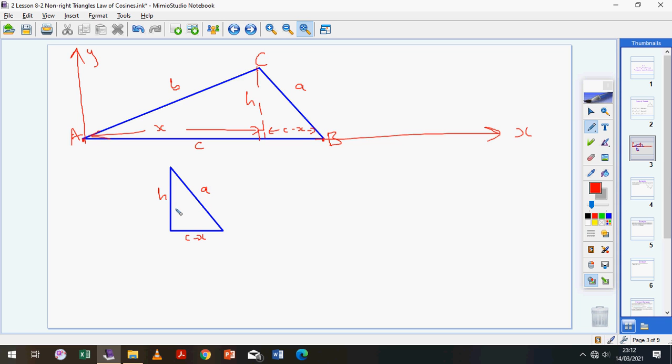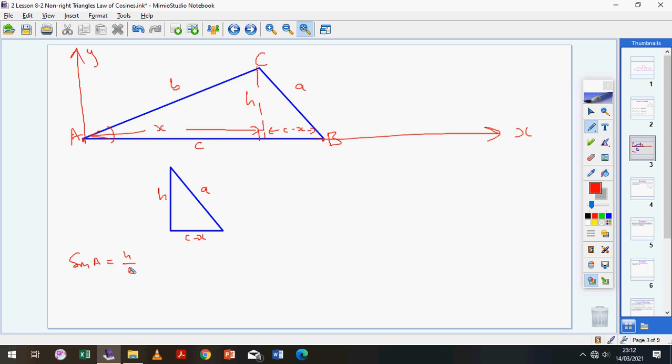Before I go ahead, I need to find expressions for h and for x in terms of the values of the bigger triangle that I know. If I use angle A, you can see that the sine of A is equal to h divided by b.